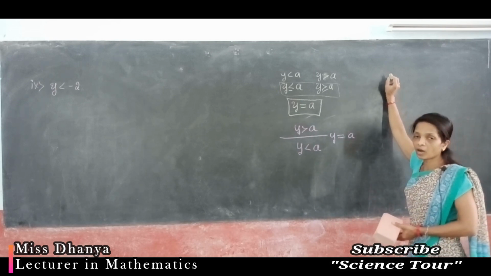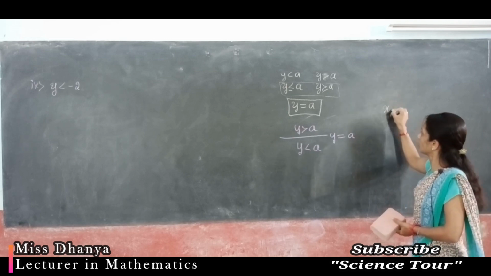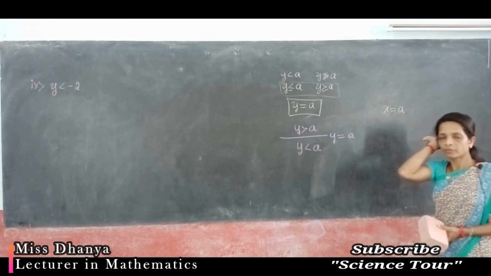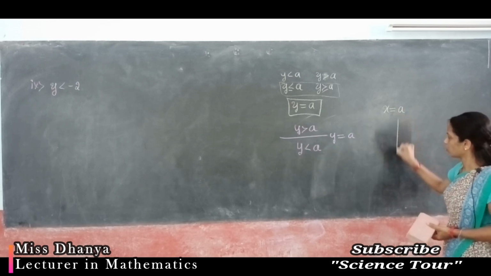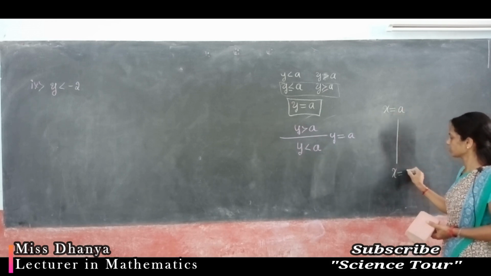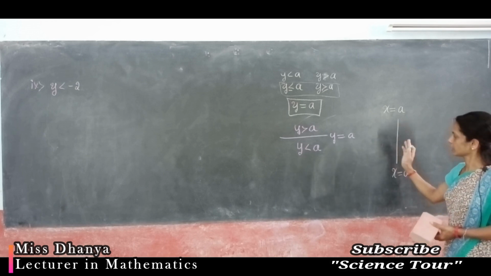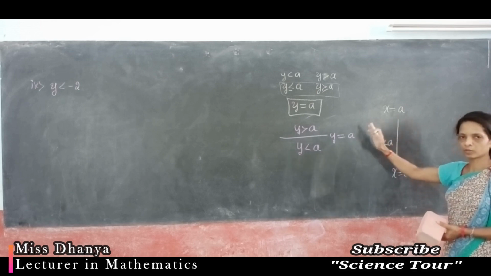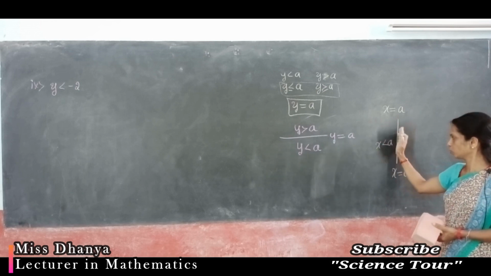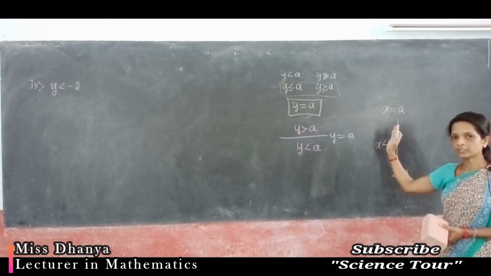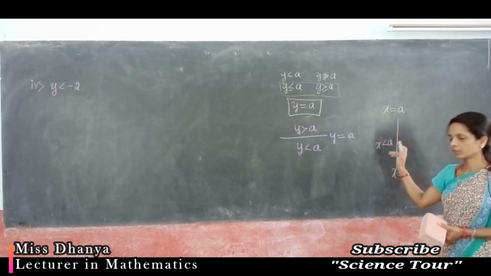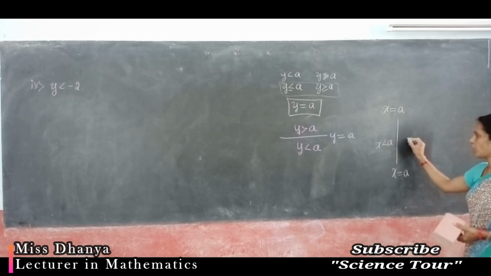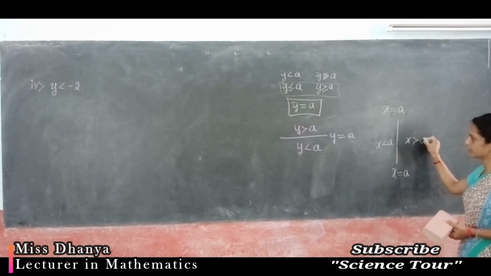If you have an expression like x equal to some number, then you have a vertical line. Suppose this is a vertical line. Left side of x equal to a is the half plane x less than a, and right side of x equal to a is the half plane x greater than a.